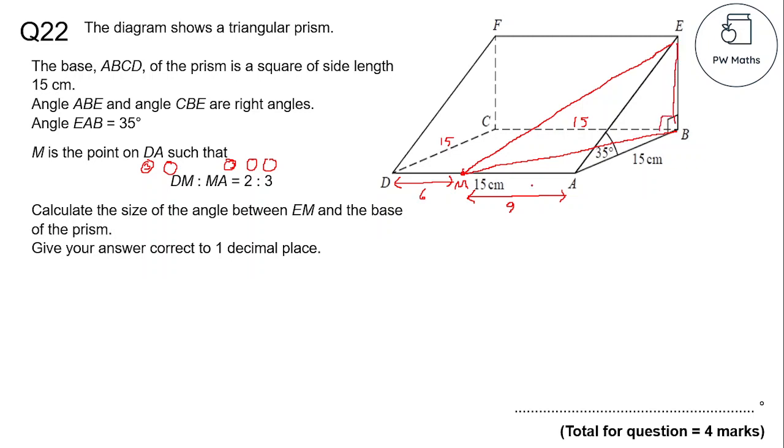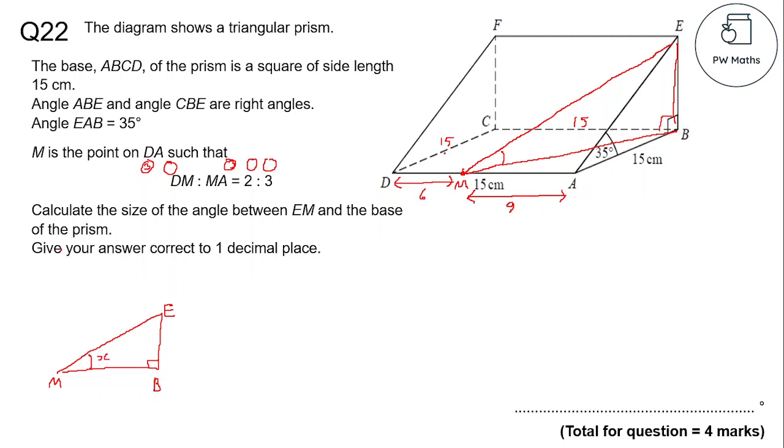So I would redraw out that right-angled triangle, and we'll see if we can put any information on it. We've got M, we've got B with the right angle, and we've got E. Annoyingly, I know nothing about that, but it is this angle here that I'm trying to work out. We'll call it X.